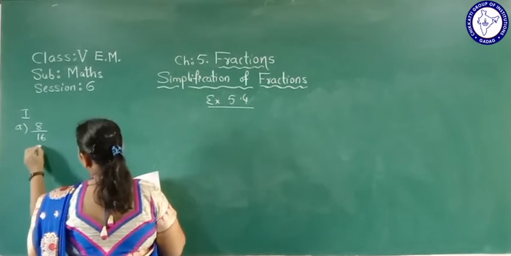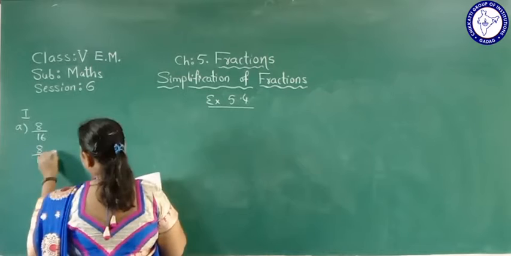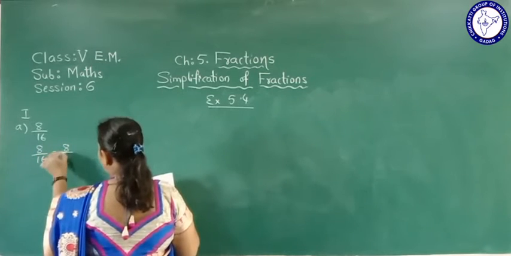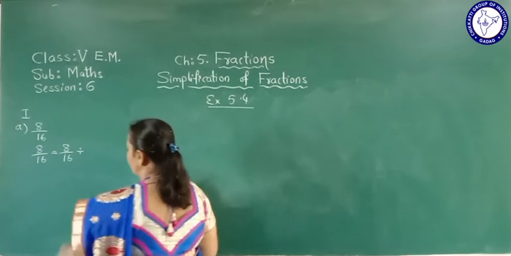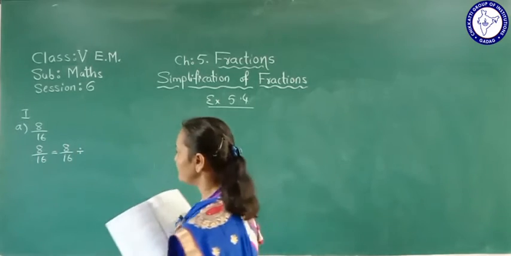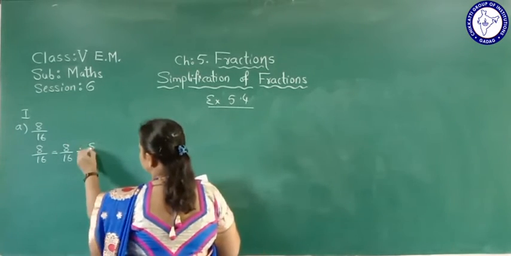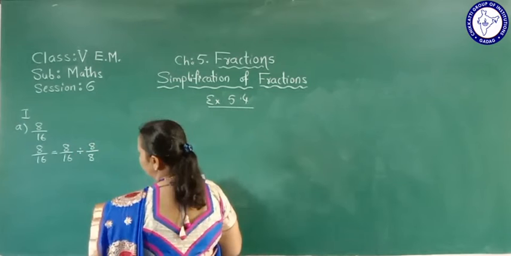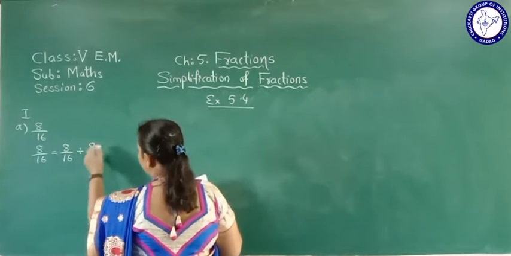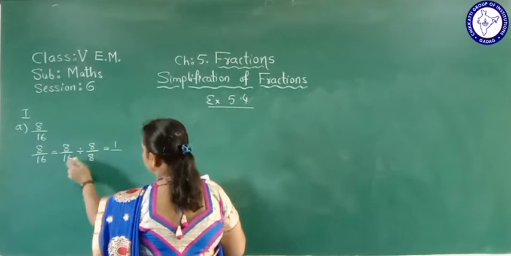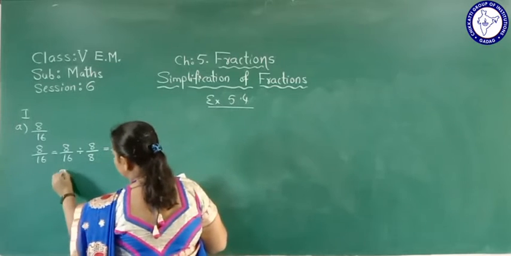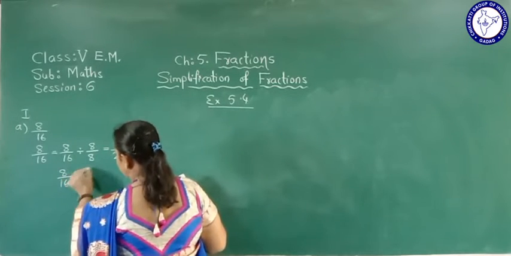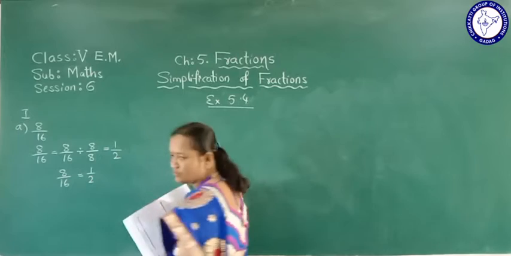So we know 8 by 16, both 8 and 16 we get in the 8 table. So divide both numerator and denominator by 8, and 8 ones are 8, 8 twos are 16. So 8 by 16 is equal to 1 by 2.